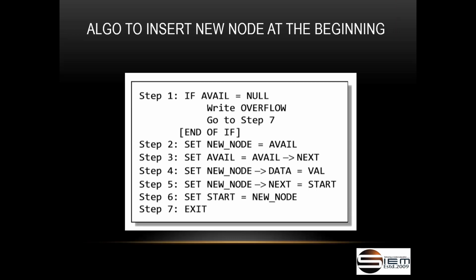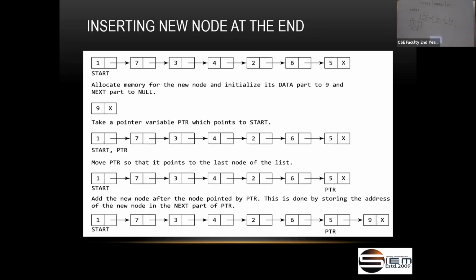Yes, ma'am. Okay. So one more algorithm we will see and we'll finish today. That is inserting new node at the end. So now this new node you have to insert at the end, after this one.